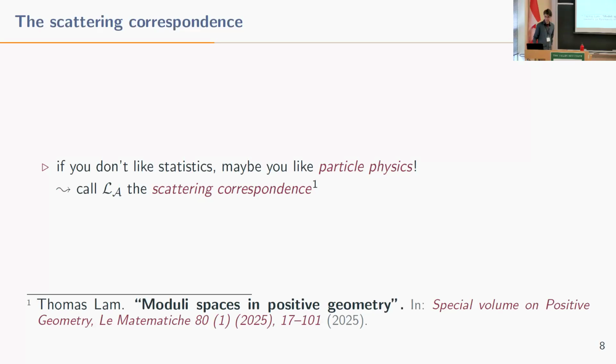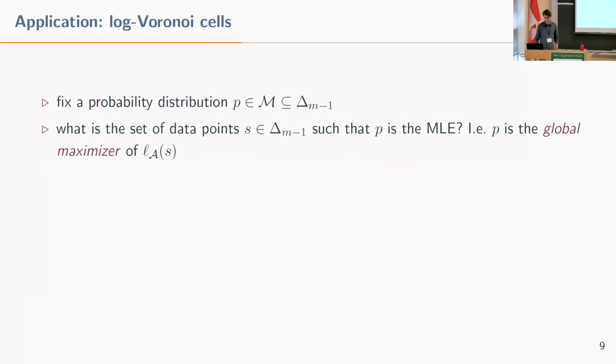If you do like statistics, then I have another application for you, what to do with the likelihood correspondence. And the application is log Voronoi cells. So what is this? You fix the probability distribution P inside your model. And now you ask a reverse question to maximum likelihood estimation. The question is, what is the set of data points?